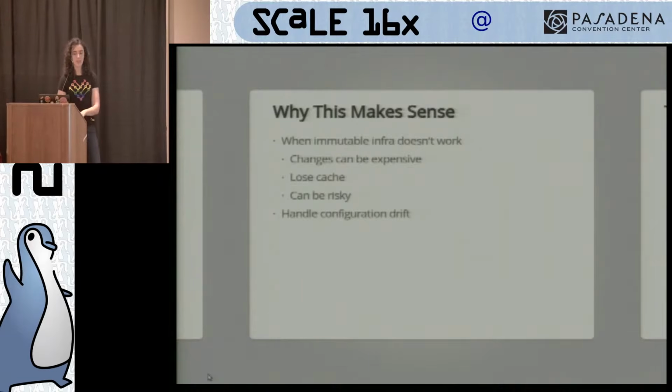Puppet can also be used to handle configuration drift. So again, if there's a service running in part of your infrastructure and somehow it gets stopped, or a new file is added and breaks things, then Puppet can be used to revert your infrastructure to the old state without needing to do this whole bring everything down, bring it back up.